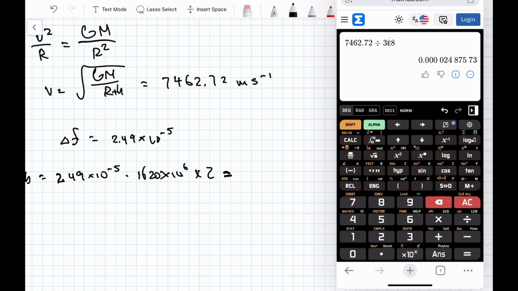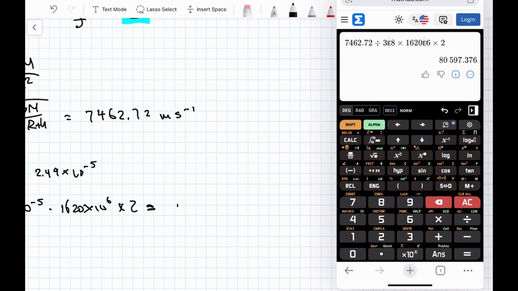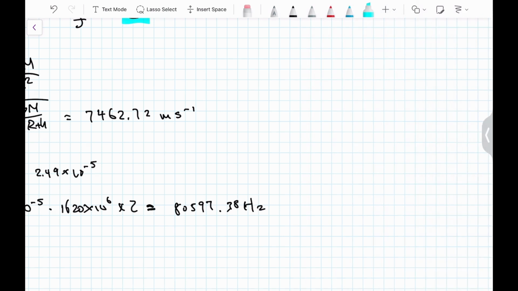And so we have this multiplied by 10 to the 6, and then multiplied by 2. So we get 80597.38 hertz, and this should be the answer to the question.